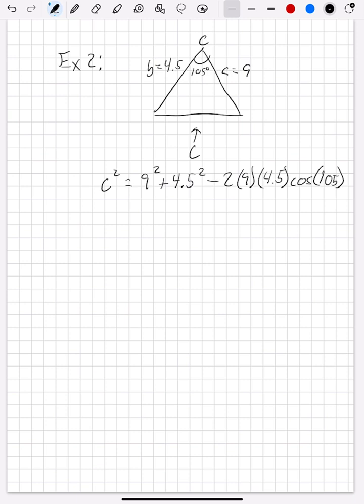But again, this gives me a squared value. So I plug this in the calculator and take the square root of it. What I'm going to show you here is taking the square root of the whole thing at once.